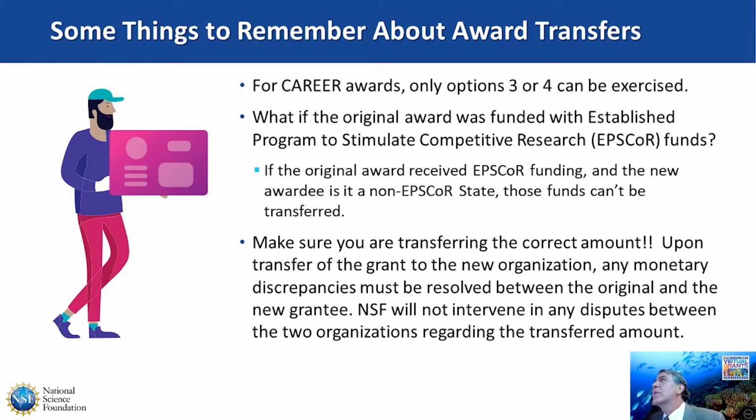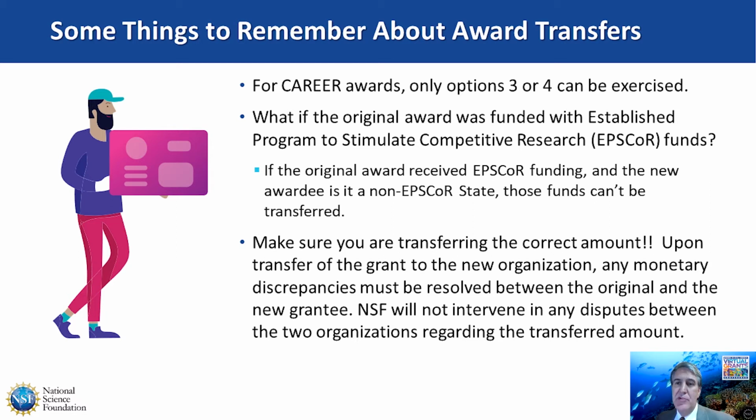If the original award included EPSCoR funds, which is the Established Program to Stimulate Competitive Research, and now the PI is moving to a state that is not a recognized EPSCoR state, we cannot transfer those funds to the new award.